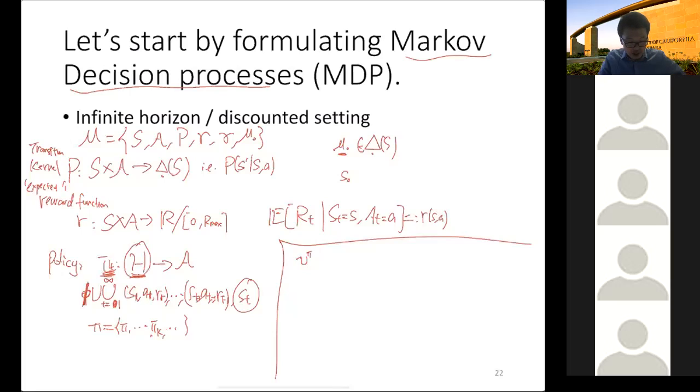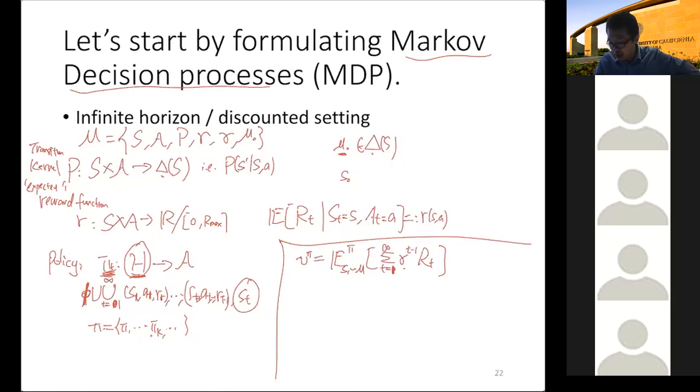We define the value of policy pi to be the expected value, when all the actions are taken according to this policy throughout, and when the initial state s_1 is drawn from mu, of the sum from t equals 1 to infinity of gamma to the t minus 1 times r_t. By definition this is the exponentially discounted cumulative reward.